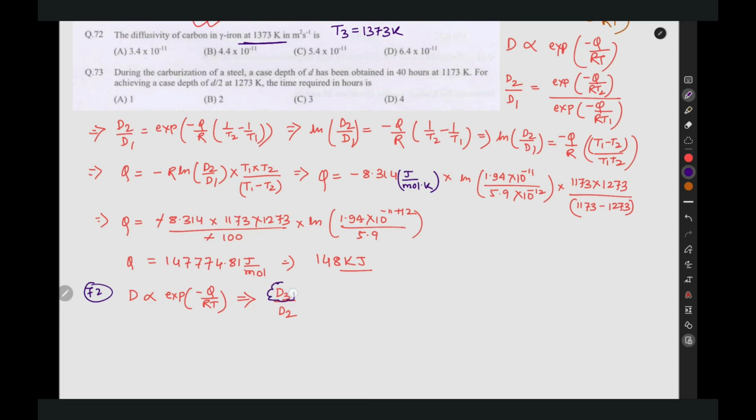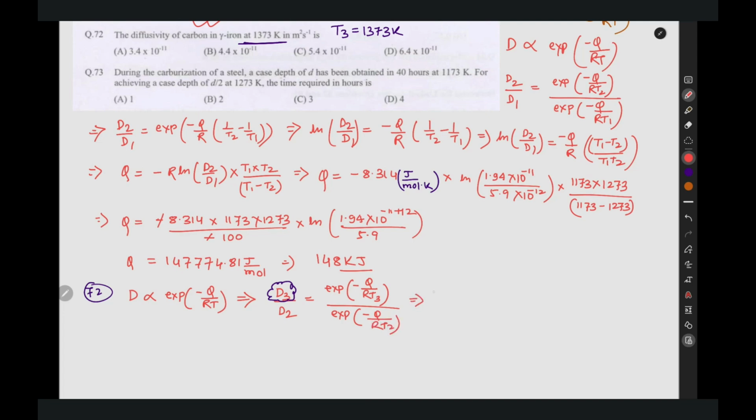D3 is the quantity we have to determine here, the diffusivity of carbon at 1373 degree Kelvin. So equal to exponential minus Q by R T3 divided by exponential minus Q by R T2.